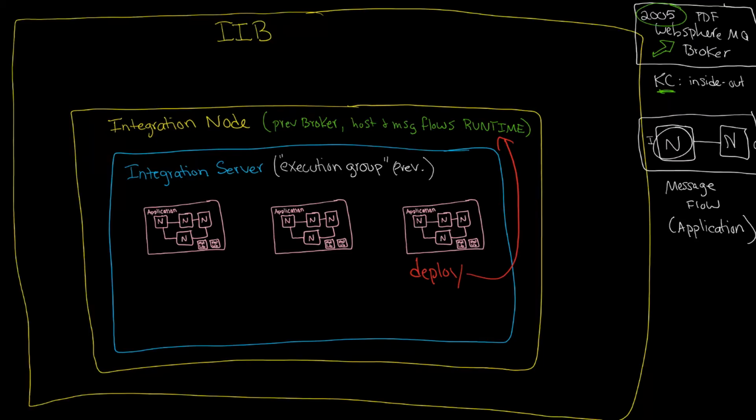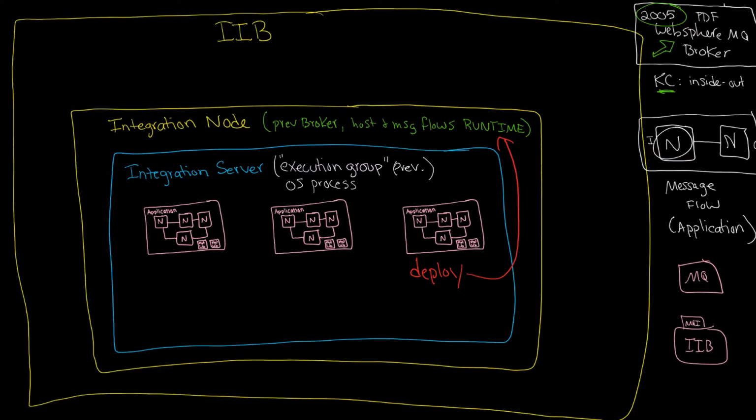Now, another interesting thing behind the server is that the actual server is an OS process. So you will see it running as such. It is a process that will run on the server, and each server is serving out applications. And again, if this is your MQ system, and this is IIB, as we saw in the last couple of videos, this is going to use an MQI call.